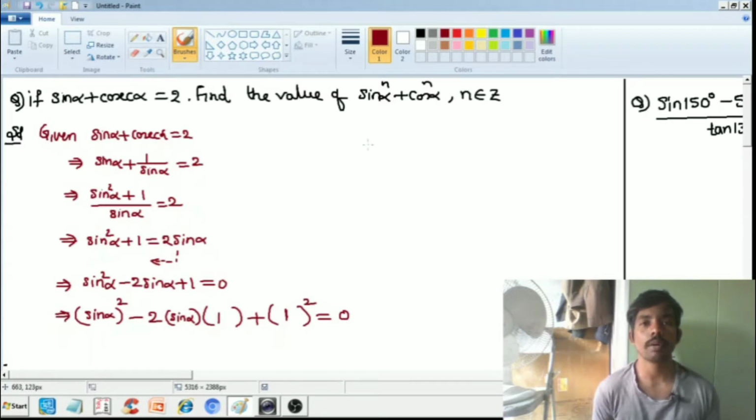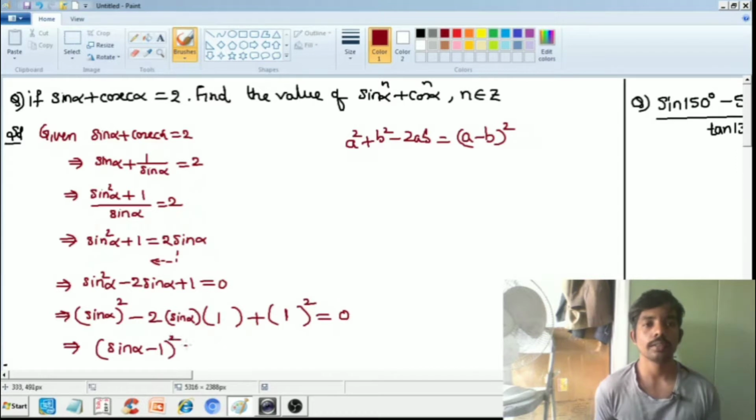So we have the formula a square plus b square minus 2ab is equal to a minus b whole square. So from here we can write it as sin alpha minus 1 whole square is equal to 0, and sin alpha minus 1 is equal to 0.